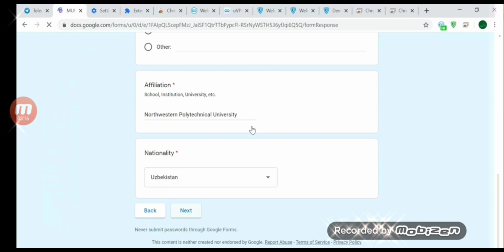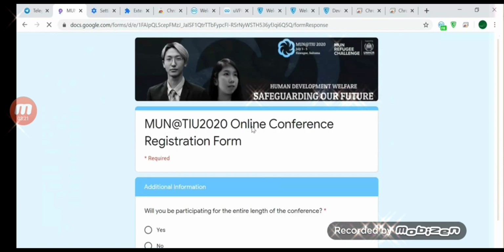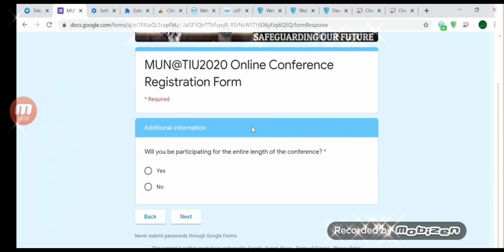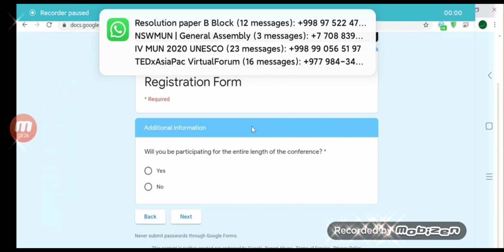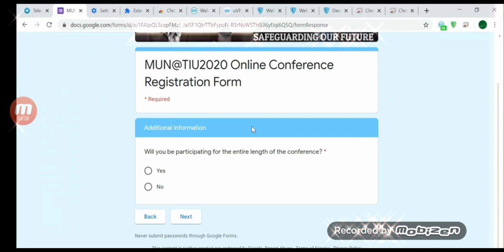We move on to the next stage and see what's going on. They are asking me, do I agree to participate in the entire length of the conference? If you don't agree, you can just choose no. However, I don't advise choosing no, because the organizing committee always looks for people who are committed to the conference and who want to participate the whole length without any disruptions, without saying no, I have this thing, I have that thing.